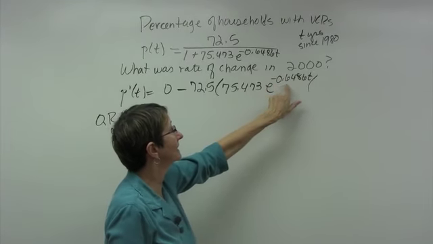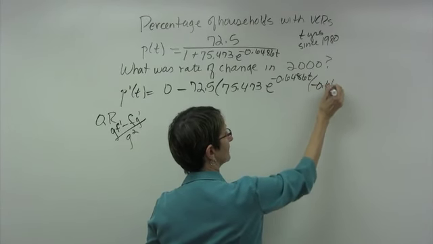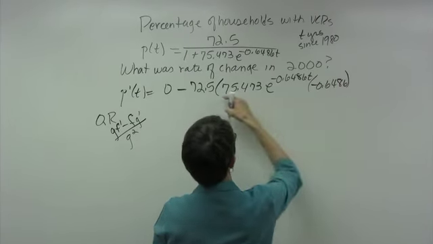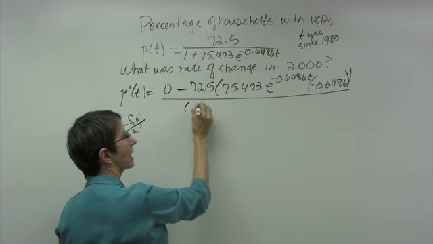Derivative of the exponent is just the decimal part. Negative 0.6486. And then all of that over the denominator squared.